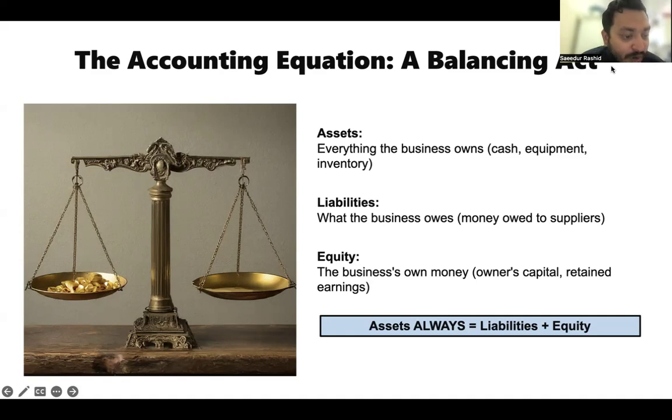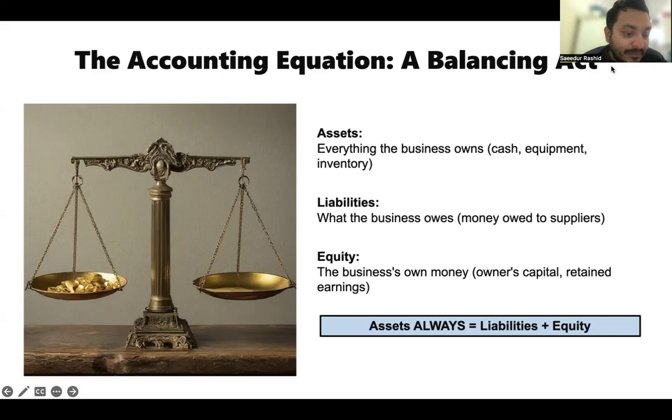Liabilities represent what the business owes to outsiders, such as money owed to suppliers for materials we purchased on credit. Equity, on the other hand, represents the business owner's money invested and any retained earnings, which are profits the business has kept over time.